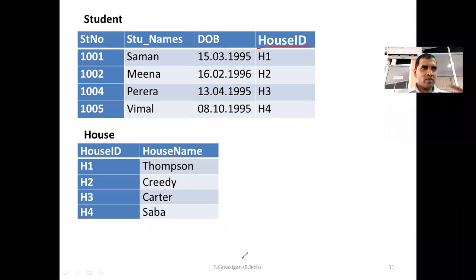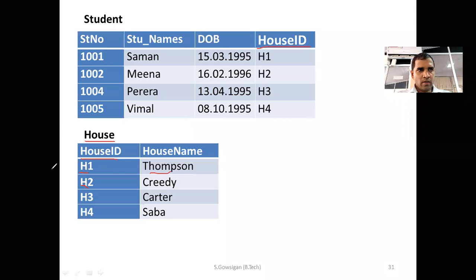Okay. Before I give the answer, come back to the house table. Let's discuss. So tell me, what is the primary key of this house table? House ID. Yes, very good. In the house table, house ID is the primary key, because this house number is never repeated.